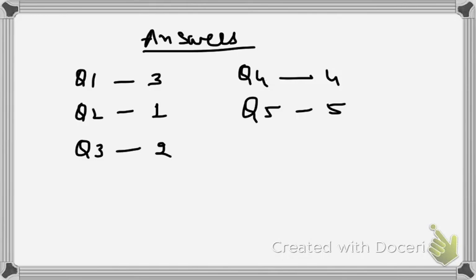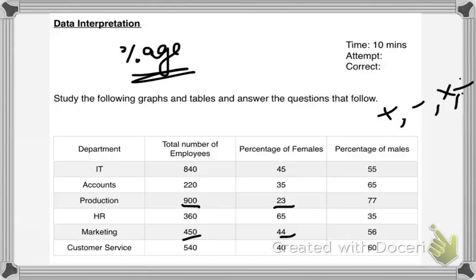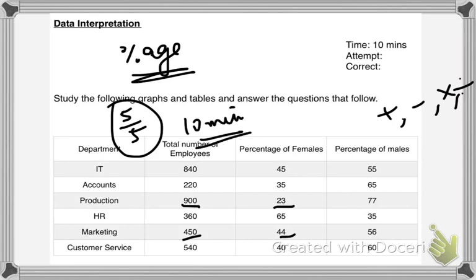So these are the answers for your DI part, and you can match your answers. At the end, the analysis of your DI part is that there were 5 questions and you could have easily done all 5 in say 8 to 10 minutes, and all would have been correct because they were very simple questions.